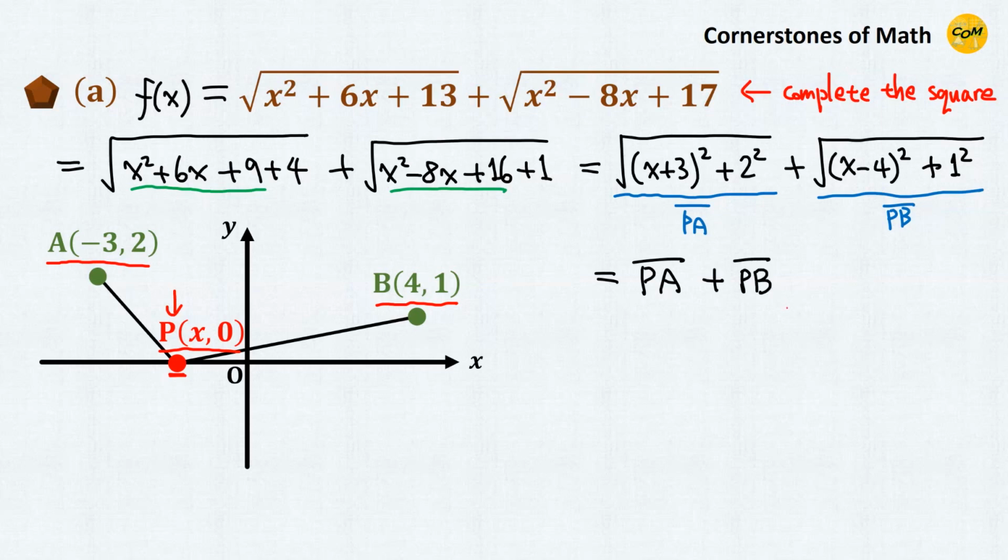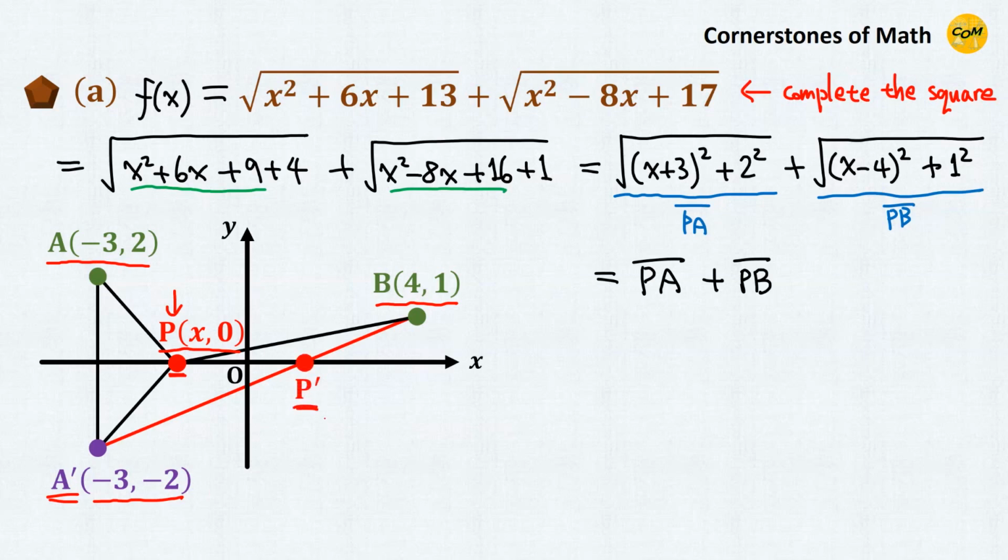Now some of you may already know how to find the minimum value of this distance without using calculus. First, we take the symmetric point A prime, whose coordinates are (minus 3, minus 2). Then we connect this point A prime with point B with a straight line. Here, let P prime be the point where the line segment A prime B meets the x-axis.